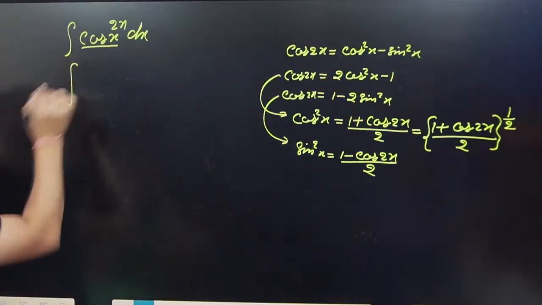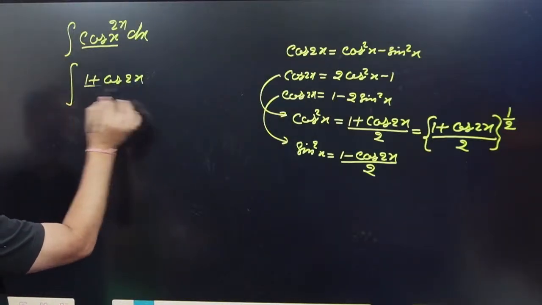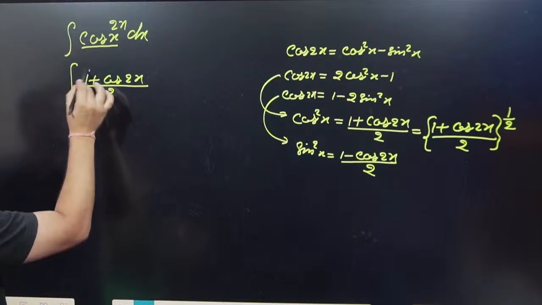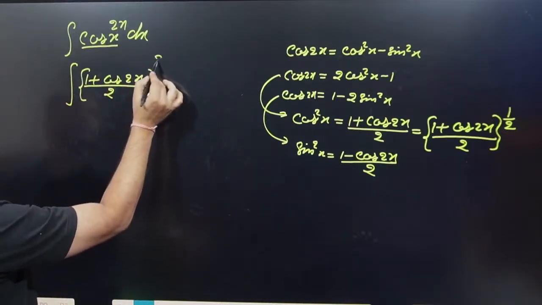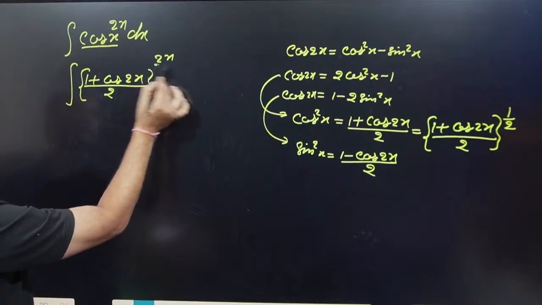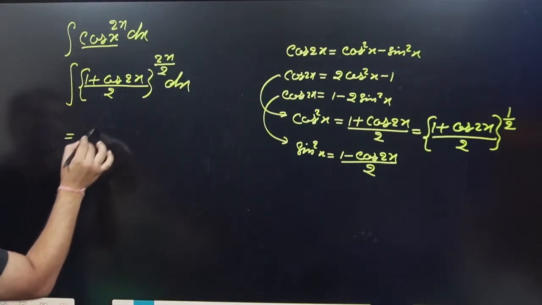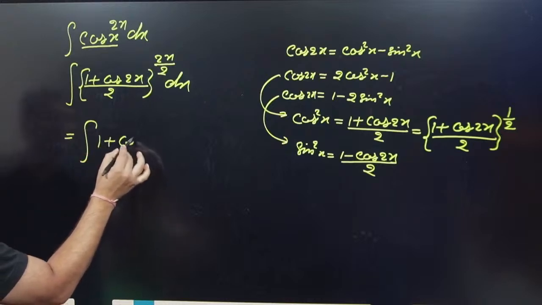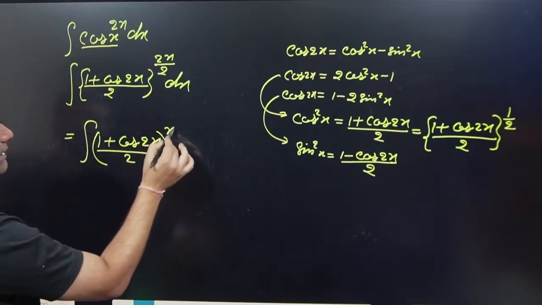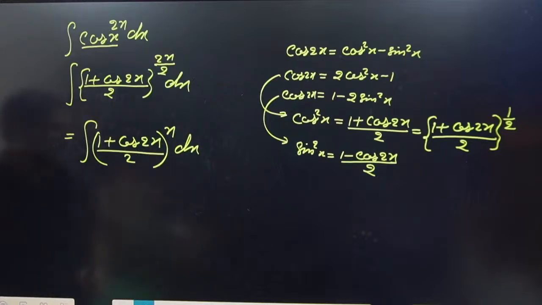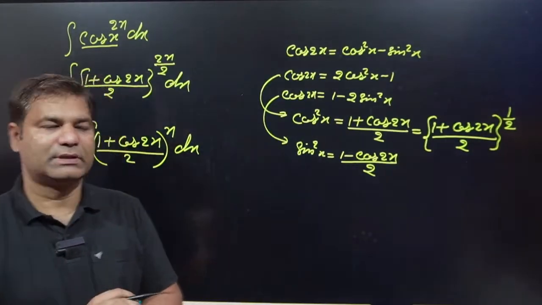So this one represents 1 plus cos 2x by 2 to whole power 1 by 2, and here 2n by 2 dx. So basically this is the integral of 1 plus cos 2x divided by 2 to whole power n dx. After that you can solve.